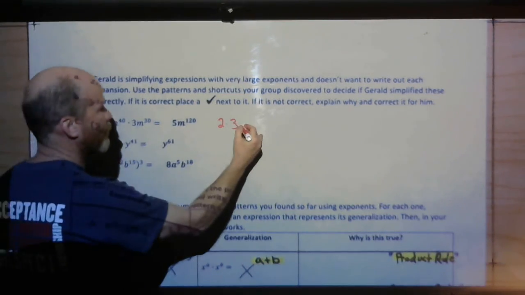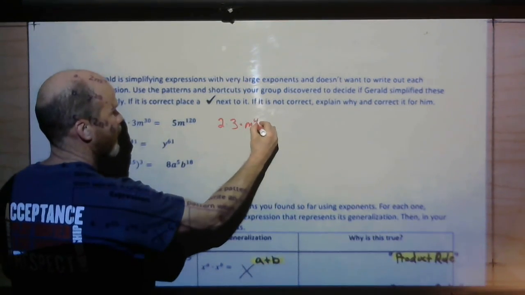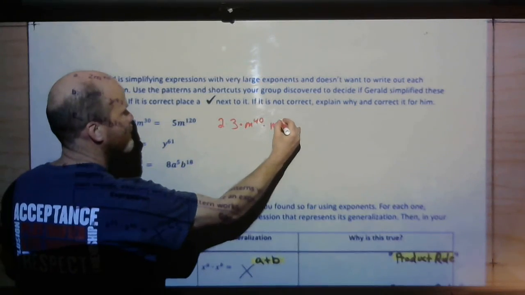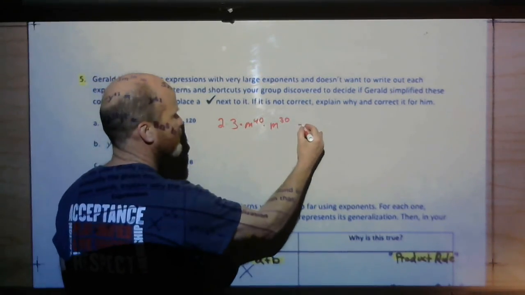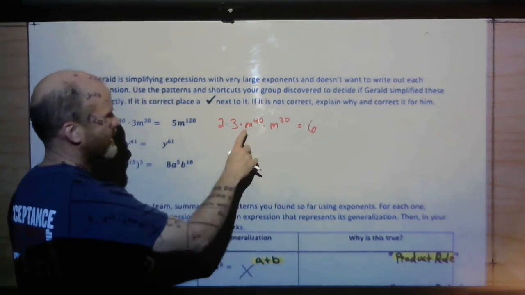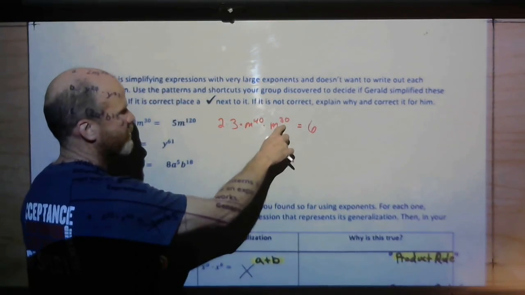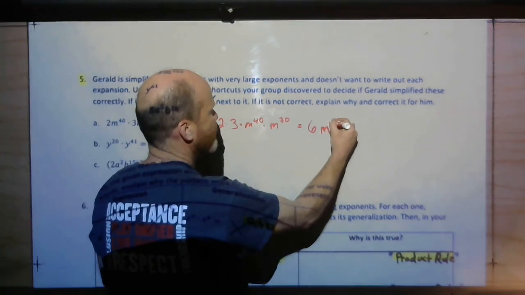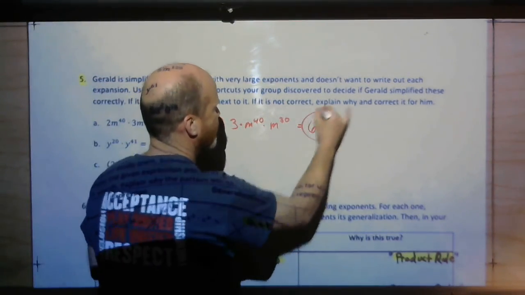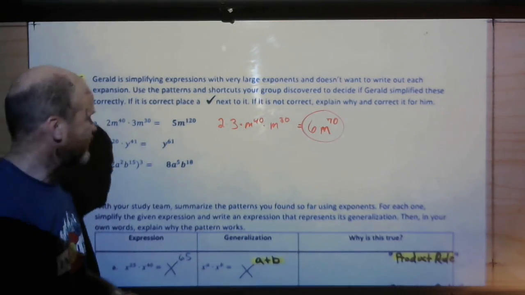And then m to the 40th times m to the 30th. Now, if we use our product rule, we're going to multiply 2 times 3 is 6. M to the 40th times m to the 30th, we're going to add those exponents. That's our product rule there. And so it's going to be m to the 70th. That's definitely funky there.